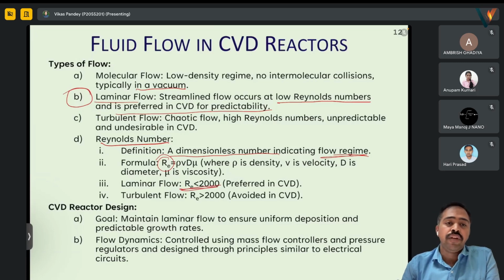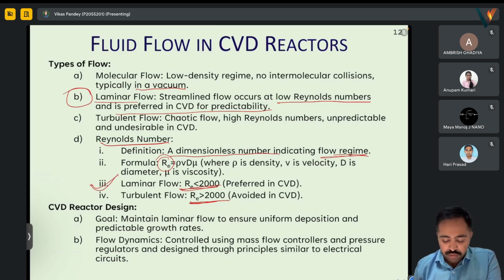But if it is very, very low, it will again become a molecular flow, like a very slow flow. And if it is above 2000, it will be a turbulent flow, and we want the flow to be laminar.